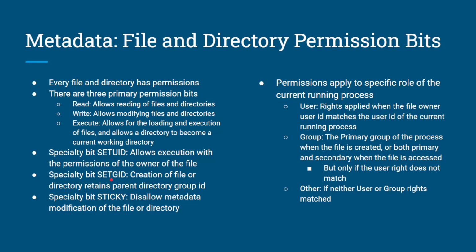With the set GID bit set, it actually causes files created in a directory to have the user and group IDs of the directory owner. So that's a bit different. Without set GID, it's the process owner that gets set within the file metadata. With set GID, it is the directory owner where the file is created.